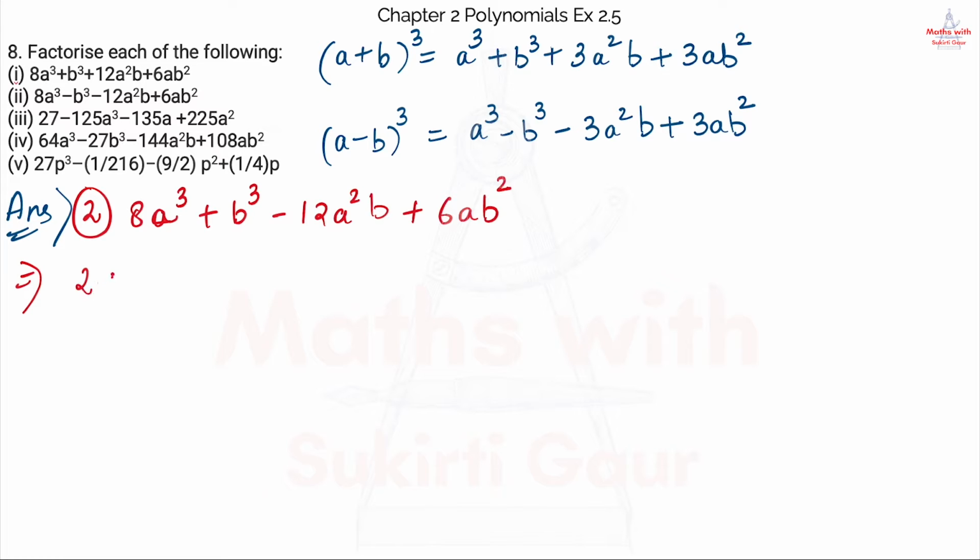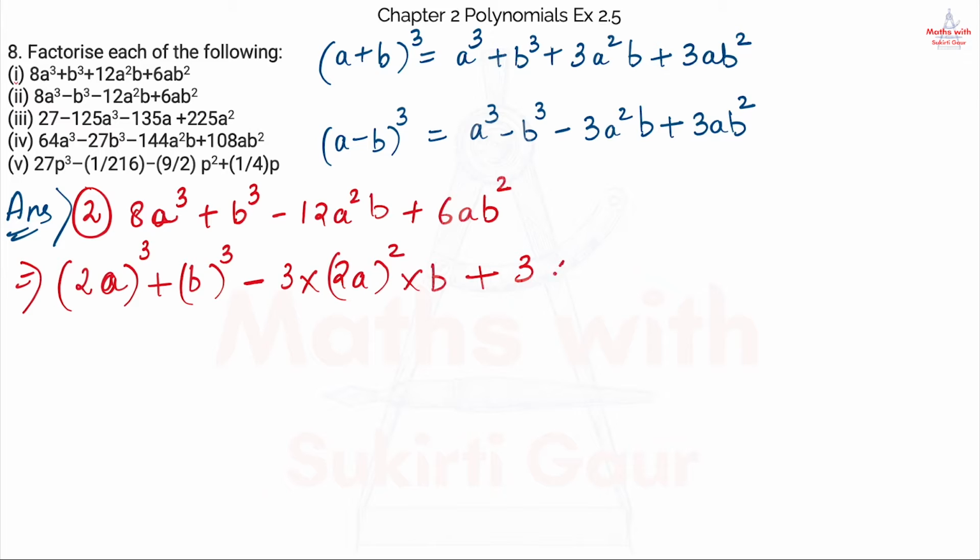So how am I going to do this? (2a) whole cube plus b whole cube minus 12a square b, we can write it as 3 a square b, where a is 2a, so (2a) square, and b is b, plus 3ab square, where a is 2a and b is b square.